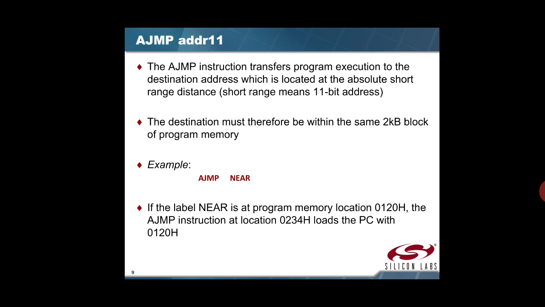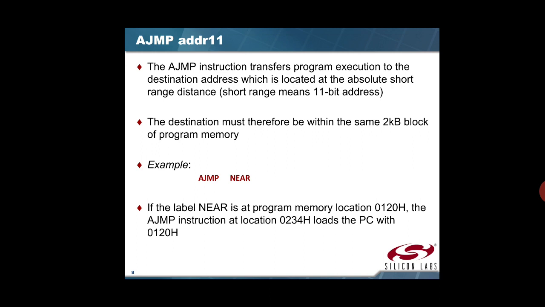The next instruction is AJMP, with an address 11. The AJMP instruction transfers program execution to the destination address, which is located within an absolute short range, between 2 kilobytes of location address.